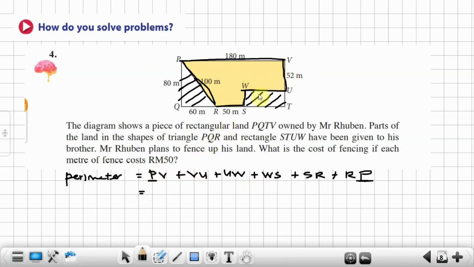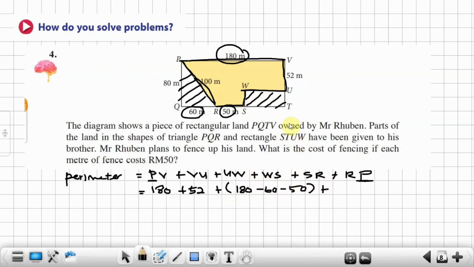We need to know PV is 180 meter plus VU is 52. Then UW, what is UW? UW is actually 180 minus 50 and minus 60. Then you will get this part. So I just put it here: UW is 180 minus 60 minus 50.